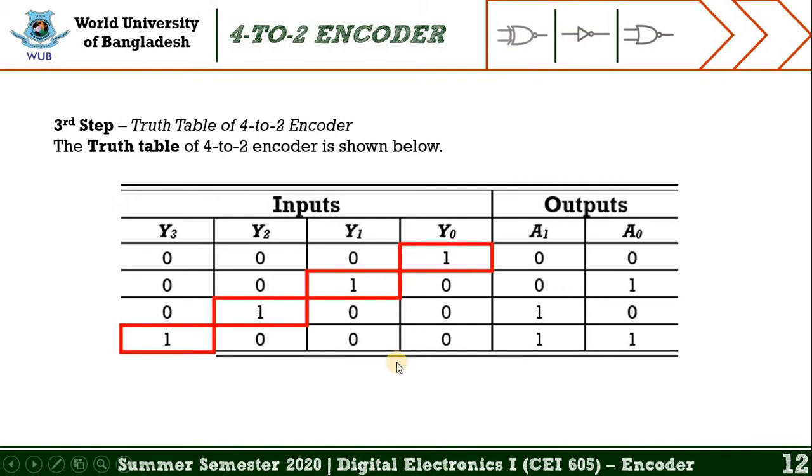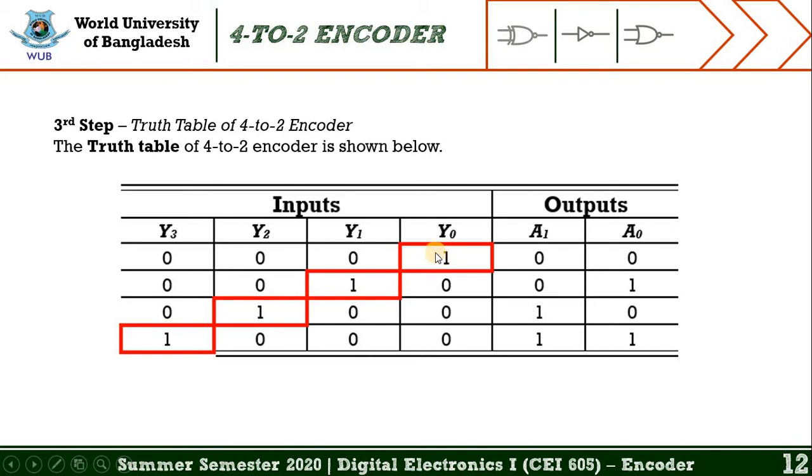Third step should be the truth table of 4 to 2 encoder. The truth table is shown below, and we already mentioned in the previous slide that since this encoder has 4 inputs, at any time only one input should be active.